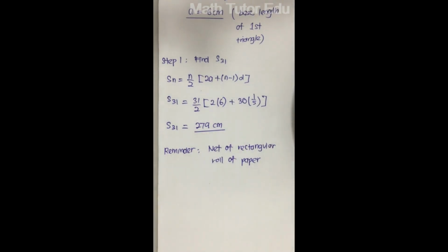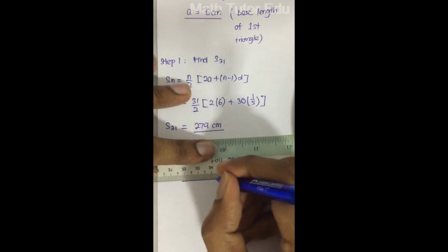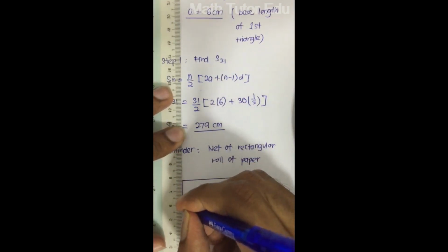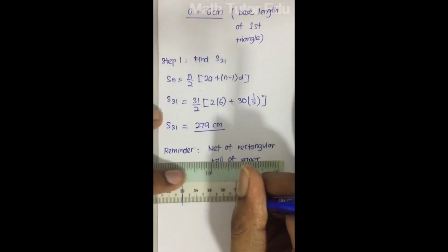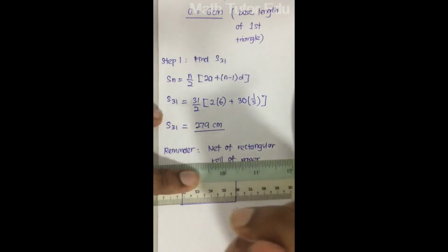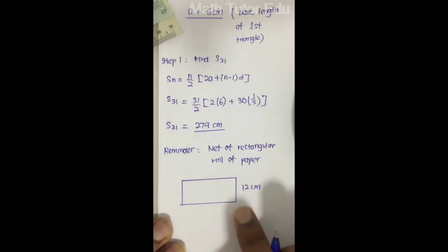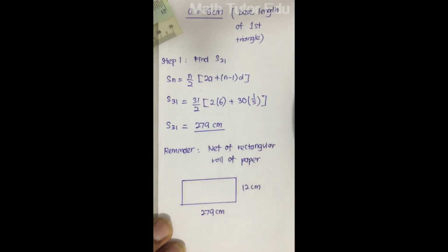Which means that, let me draw a rectangle. So from here your height is 12 centimeter and your length is 279 centimeter, or to be more accurate, you will say length times its width.